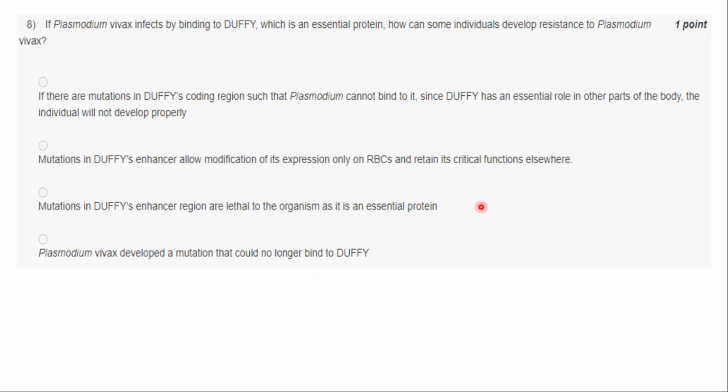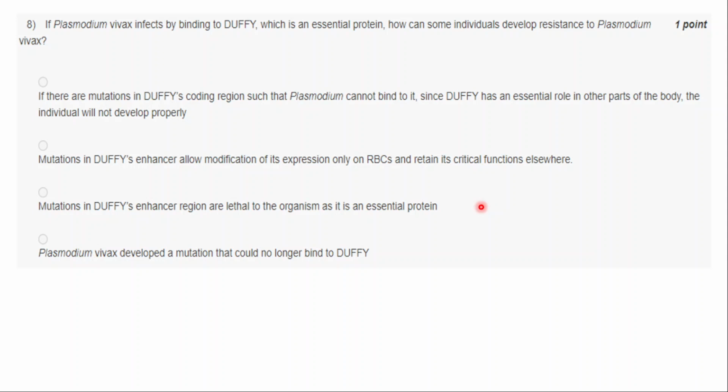Option C: mutations in Duffy's enhancer region are lethal to the organism as it is an essential protein. And option D: Plasmodium vivax developed a mutation that could no longer bind to Duffy. These are the four options, and you have to tell me which is the correct answer.